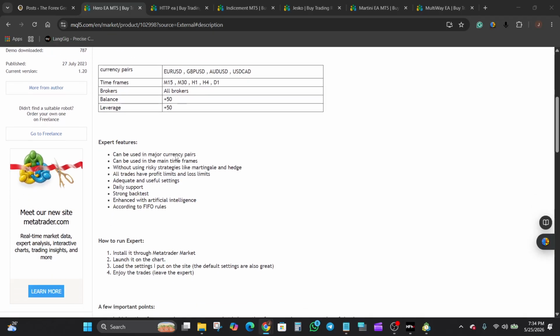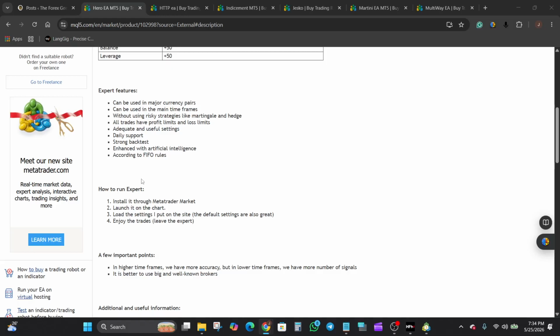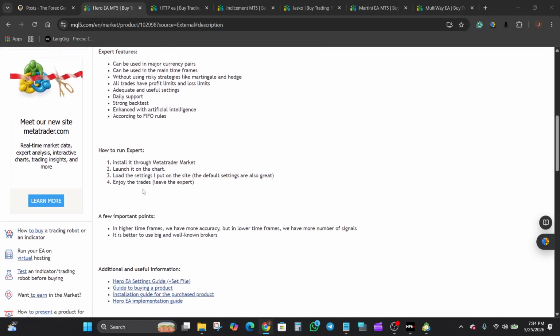Now, moving into the setup instructions, it's pretty straightforward. You install it through the MetaTrader Market, attach it to a chart, and load the recommended settings provided by the developer. It also notes that default settings are already usable, which makes it easier for beginners to get started.